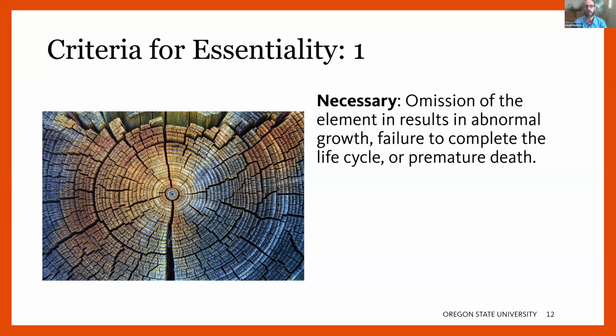So it could grow for a brief time and then would collapse. And so that's the idea of necessity. That's the number one criteria for essentiality. And I'll also say, since I am listing them in order, there is no hierarchy to these three. So if you see them in future lists, they can be mixed up. This is just the order that I chose to put them in.